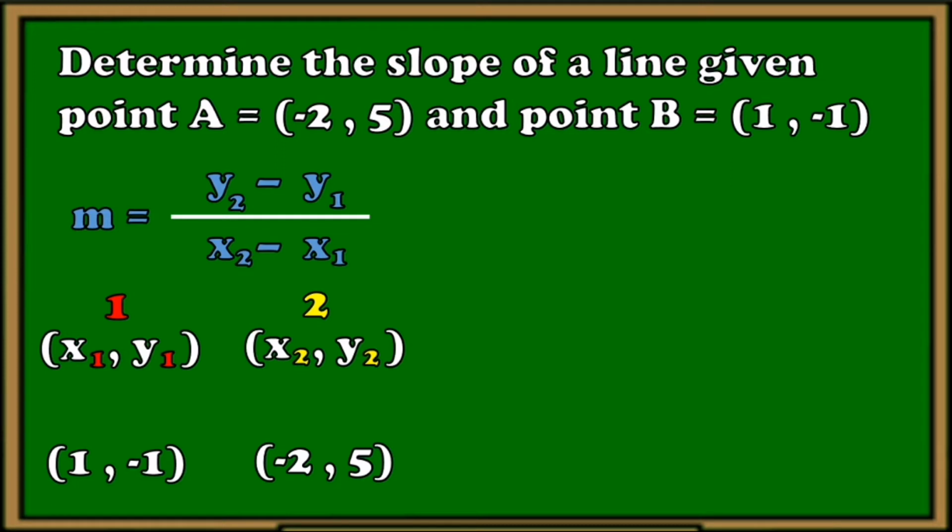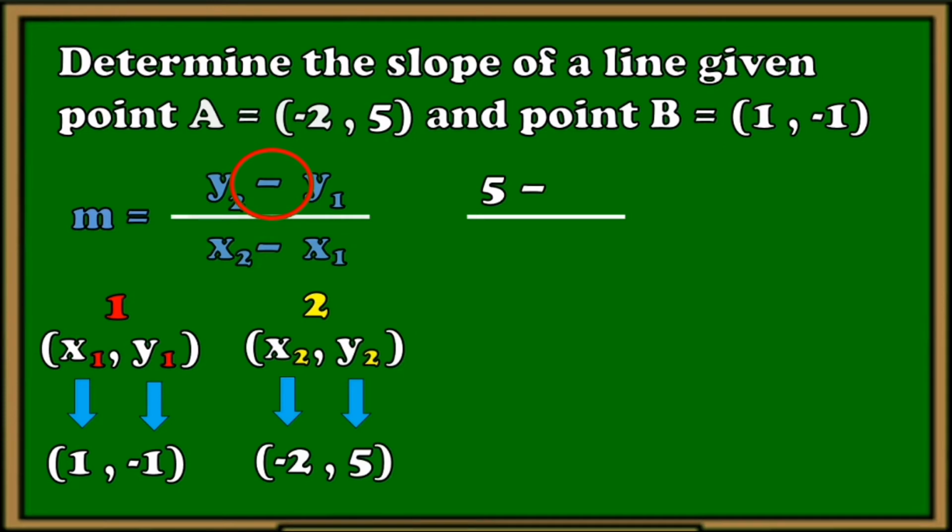Let's see what will happen. Now our x sub 1 is 1, y sub 1 is -1, x sub 2 is -2, y sub 2 is +5. Now, let's substitute these values to our formula. Let's start with y sub 2, that is +5.